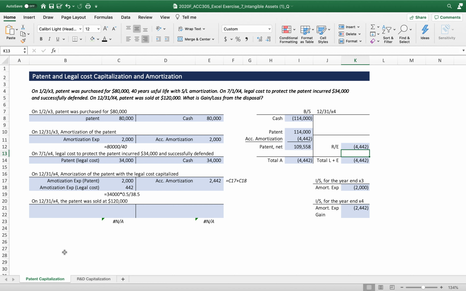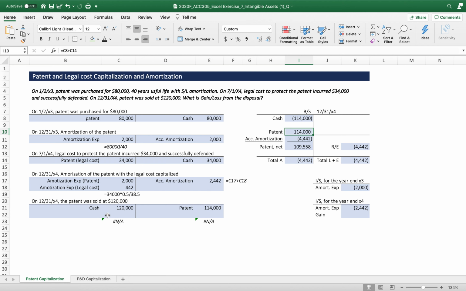Finally, at year-end 4, the patent was sold at 120,000. Let's do the easy one first. Cash 120,000, and then patent out. How much do we put? Right, 114,000. We have to put 114,000 because now the patent acquisition cost, including the legal cost, is 114,000.